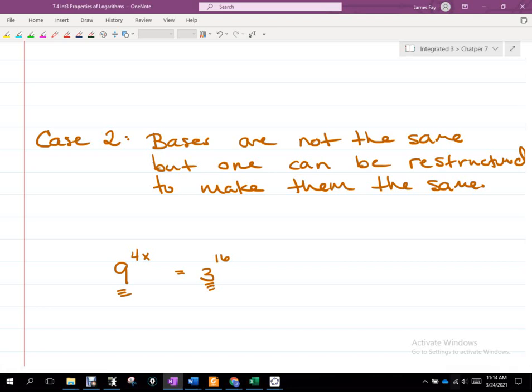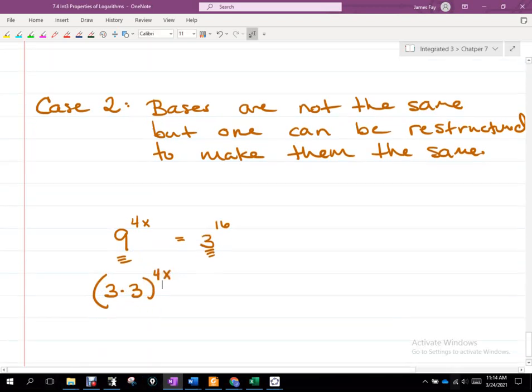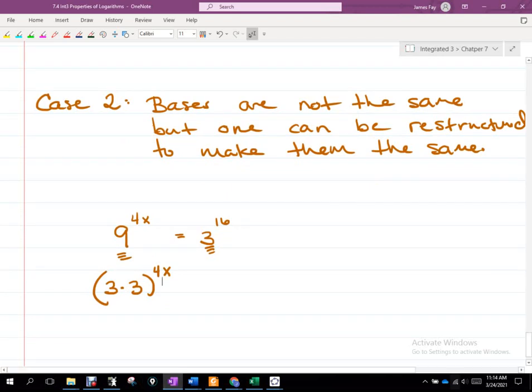Can I rewrite 9 so that it is a base of 3? So 3 times 3, but the way I would have to write that is going to be messy and confusing.